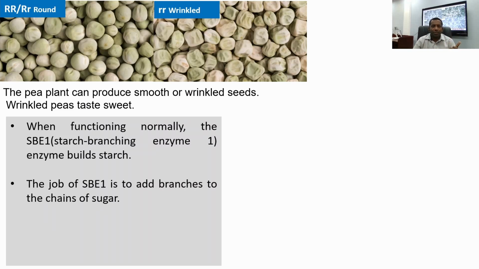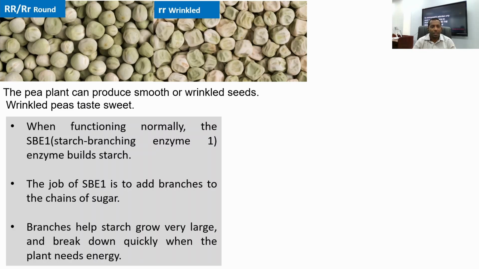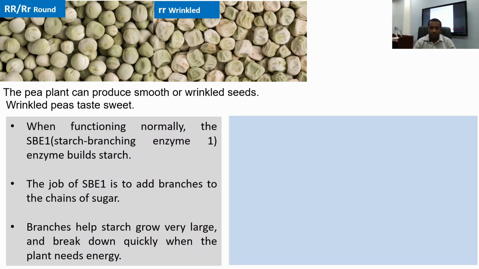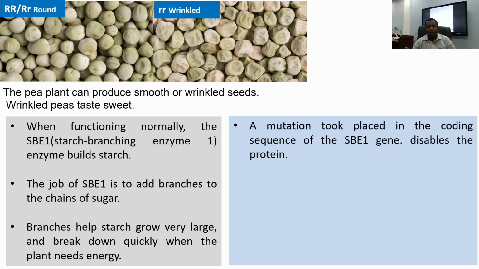The job of SBE1 is to add branches to sugar chains, forming branched starch molecules. These branches help starch to grow very large and break down quickly when the plant or the seed germinates. However, there's a mutation in SBE1 in some chromosomes.